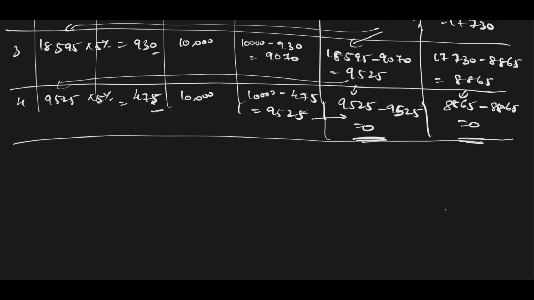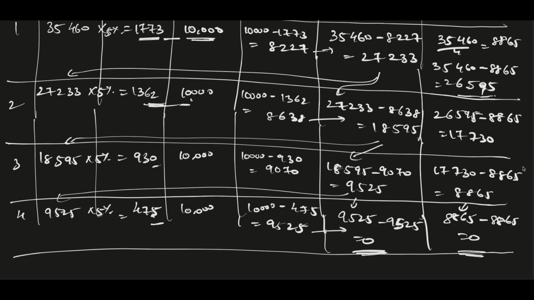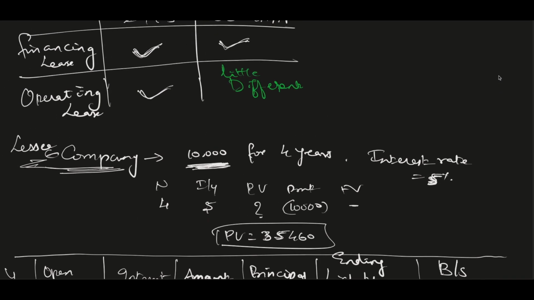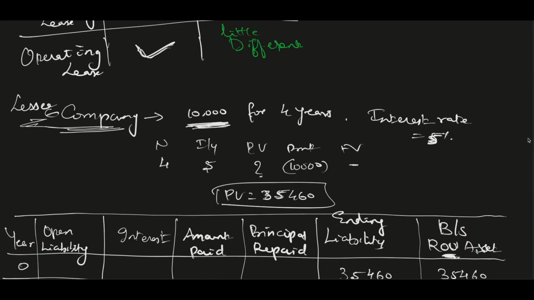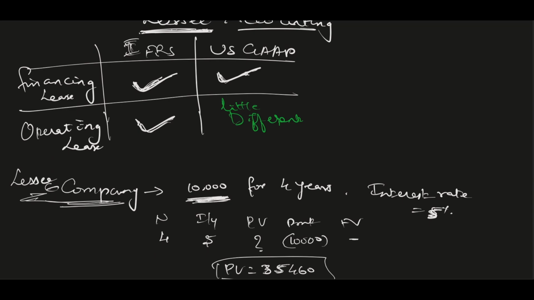Fine. Now this is how you are supposed to do accounting for all this. Okay, financing lease, US GAAP, IFRS, and operating lease IFRS. Now what if it is for US GAAP operating lease, this part?